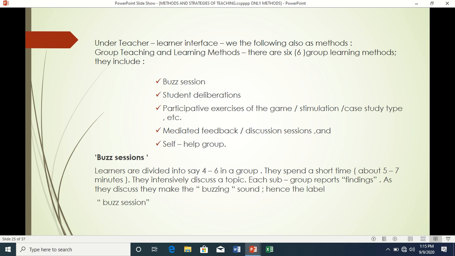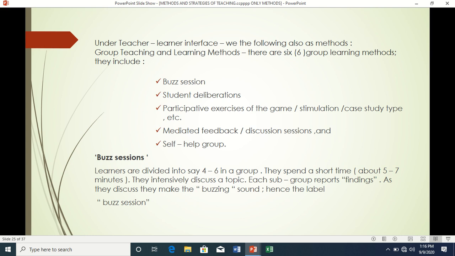And the first one is the buzz session. Buzz is taken from the noise that bees make, buzzing. We will get to know why. Then we have student deliberations.